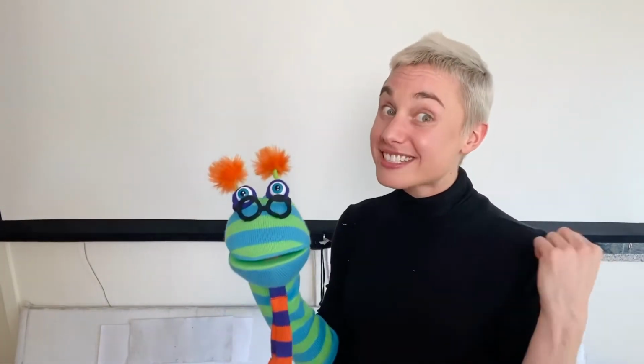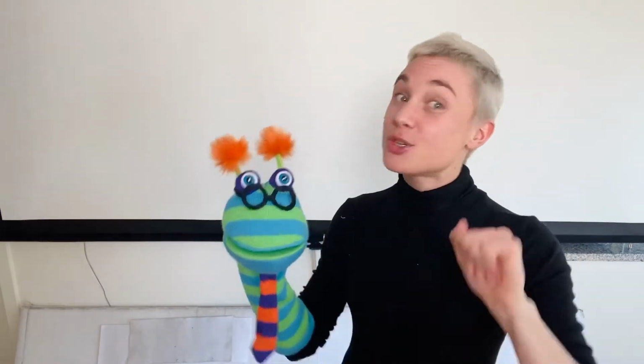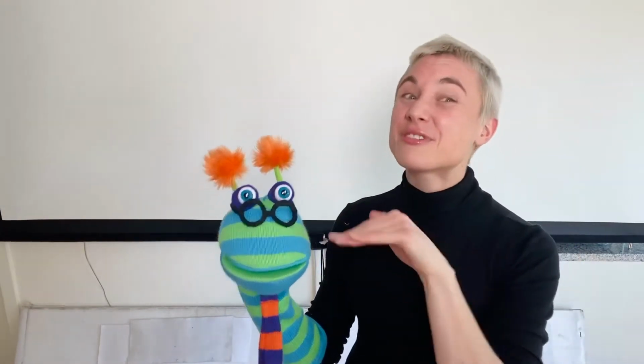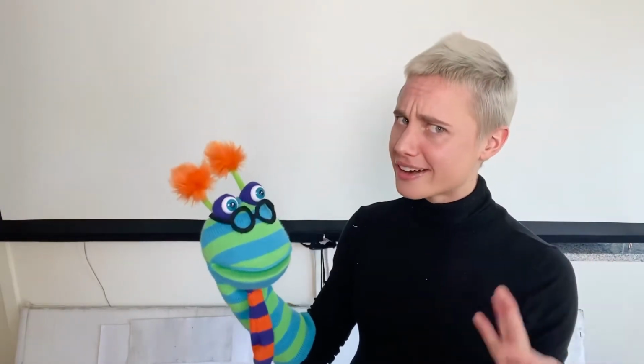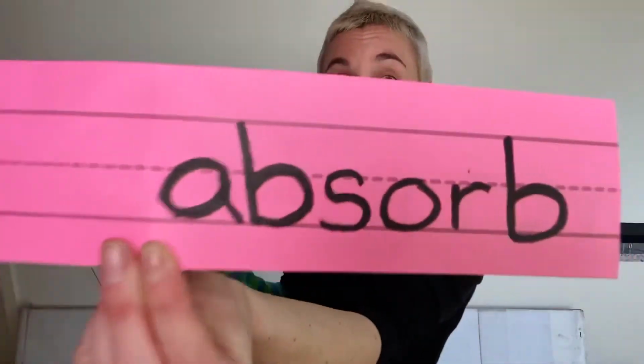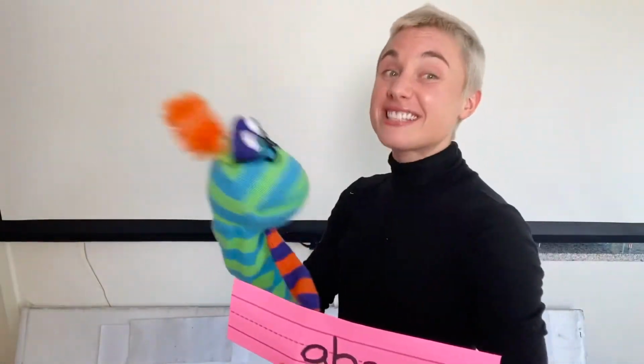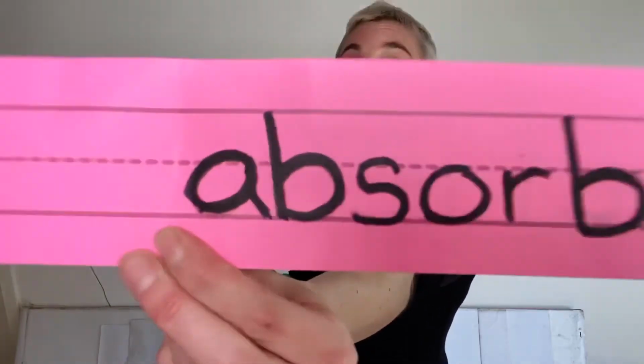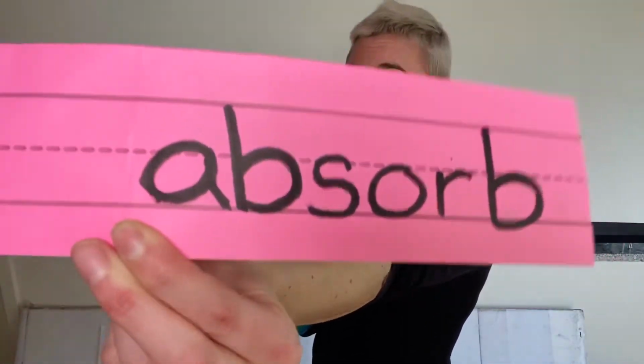So if you are seeing something as black, that means you are not seeing any light reflecting off of that surface. So if the light isn't reflecting, where does it go? That light gets absorbed. If something looks black, that means that every single color in the visible spectrum is being absorbed and you cannot see any color at all.